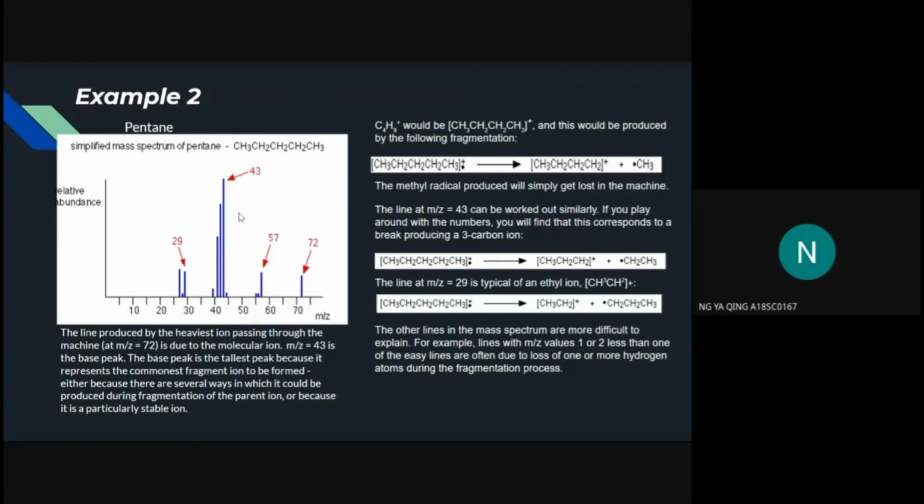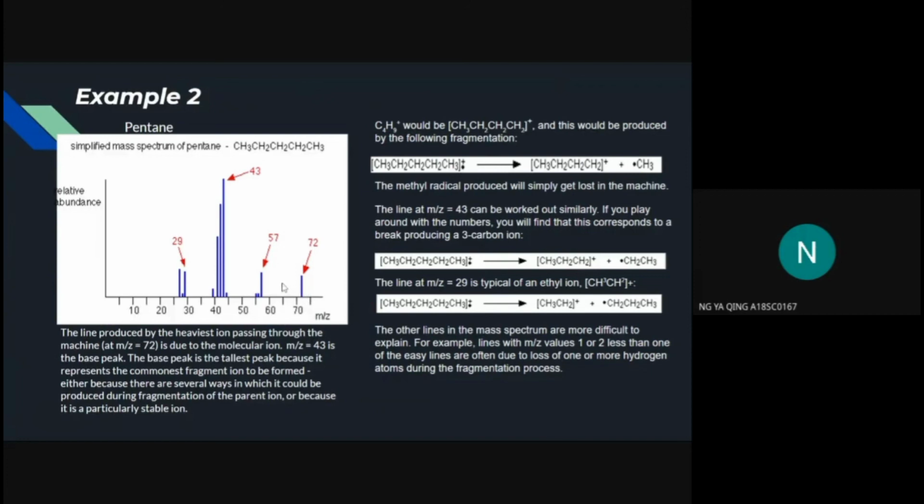The mass to charge ratio at 43 can be calculated in the same way. The pentane cation produces a 3 carbon ion with a molecular weight of 43, while for 29, an ethyl ion is produced. The other lines in the mass spectrum are difficult to explain.